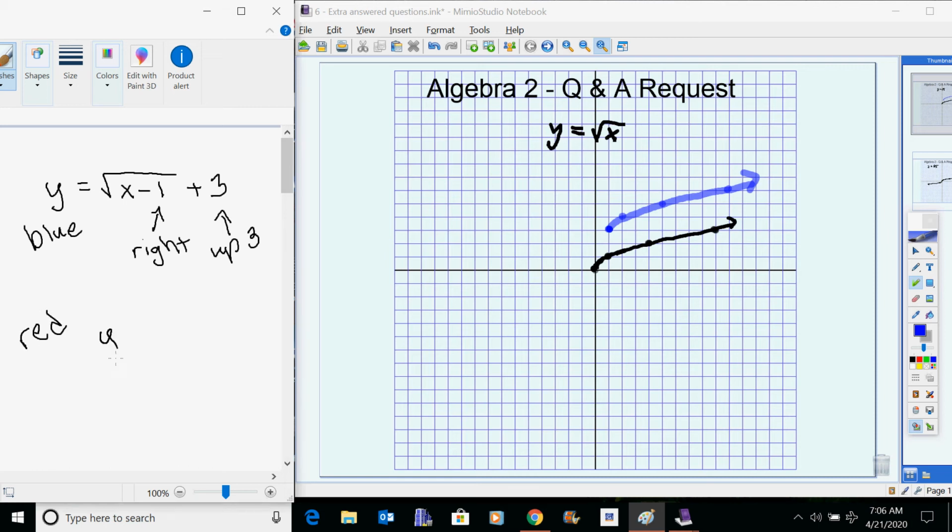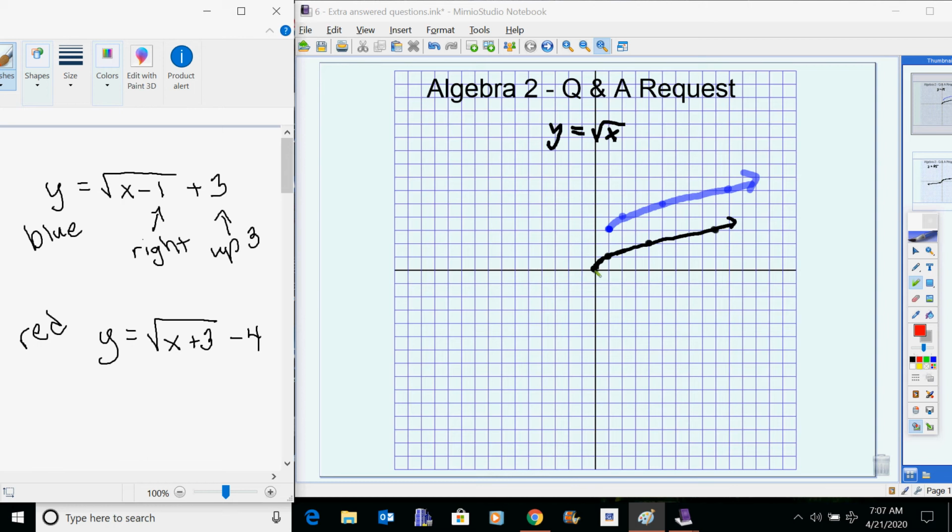Let's do y equals square root of x plus 3, minus 4. The easiest thing to do is to think about where the anchor point is, then that's the biggest thing. We'll do this one in red.